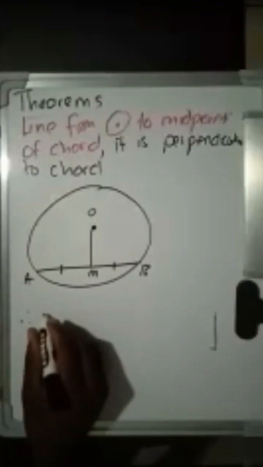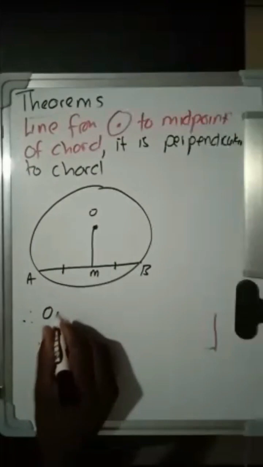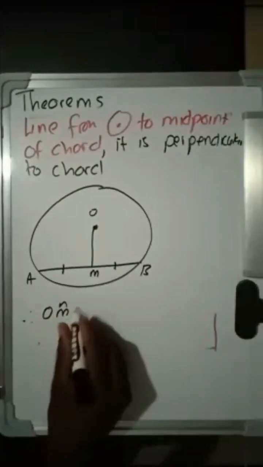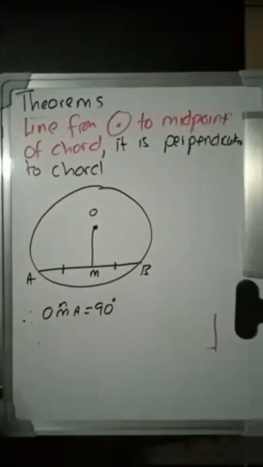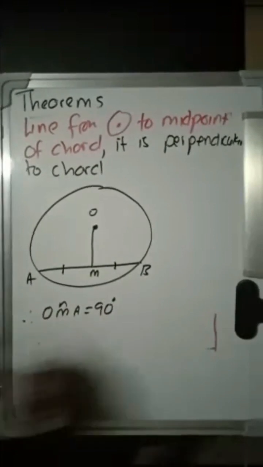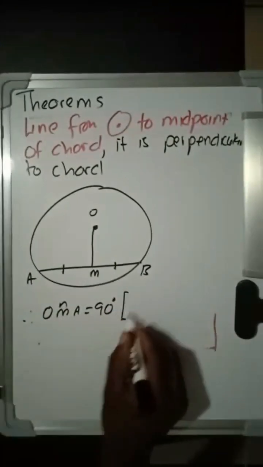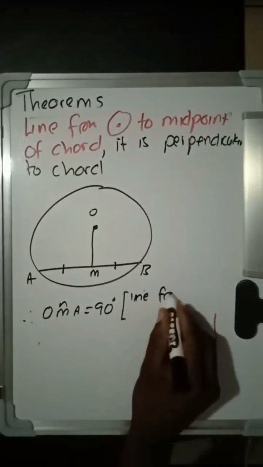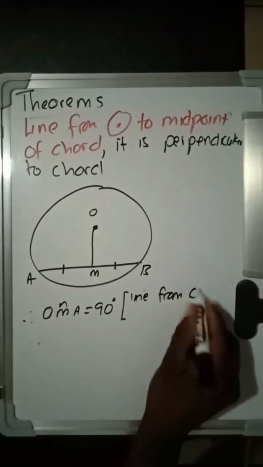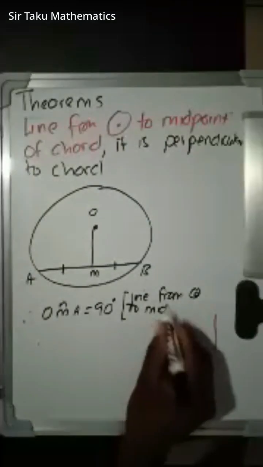Therefore, we conclude that angle OMA is equal to 90 degrees. And what is the reason? The reason is line from center to midpoint.